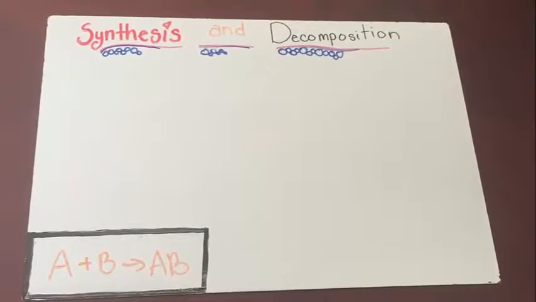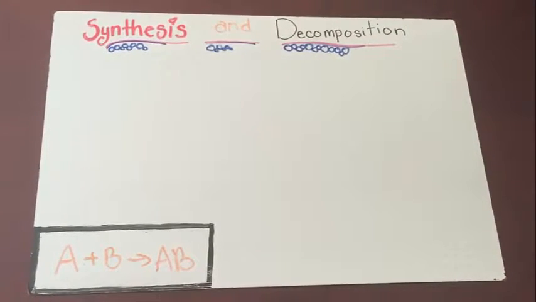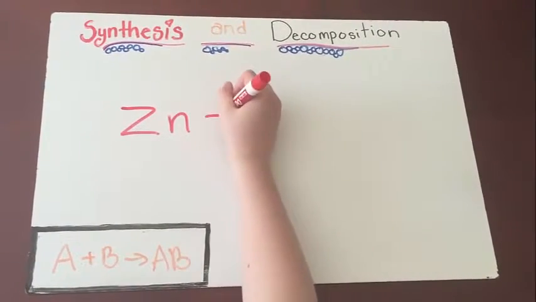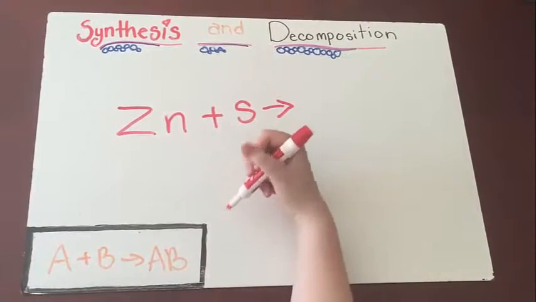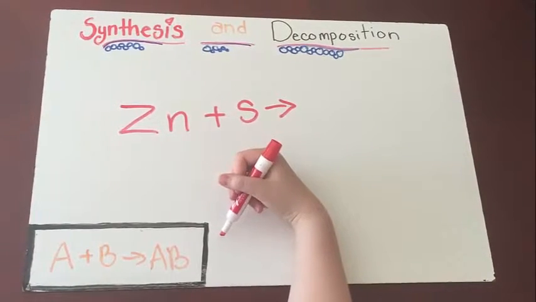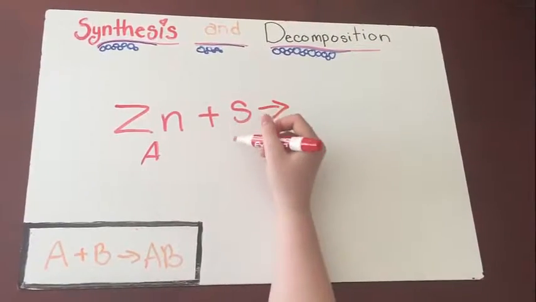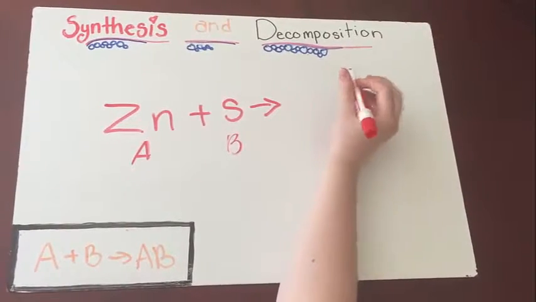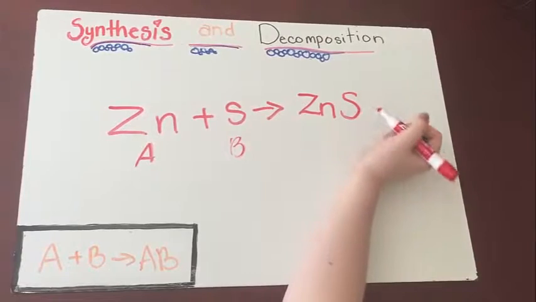To make the chemical equation for the last reaction that we saw, let's start with the reactants that we already know were used. They are zinc and sulfur. Using this simple equation that we made at the beginning, we know that zinc is A and sulfur is B. And that is going to create a product that looks something like this.